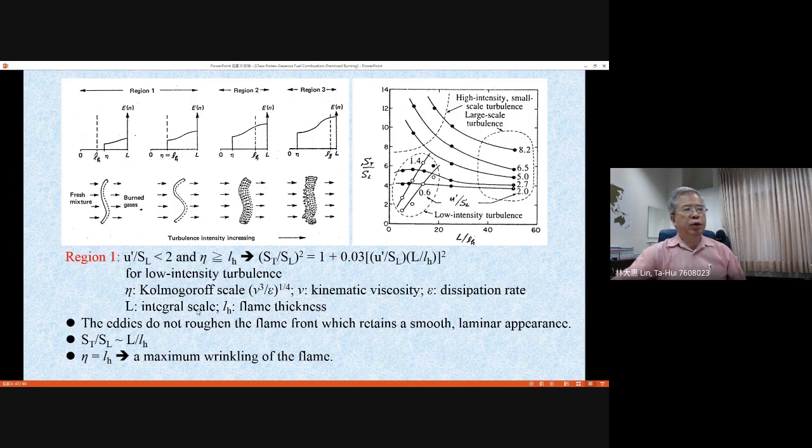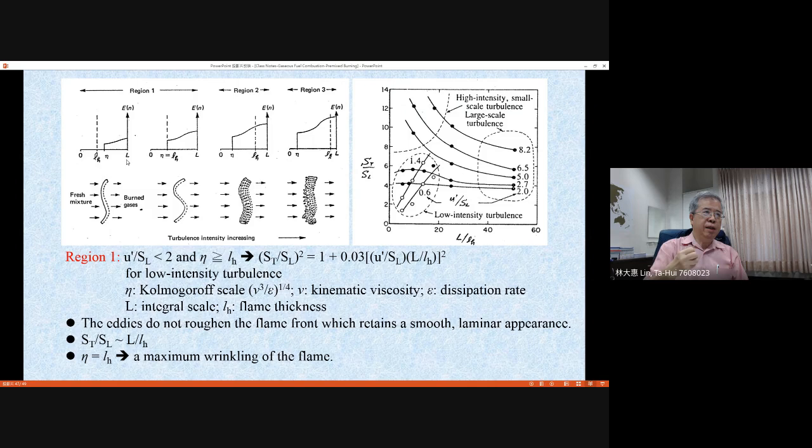The integral scale you can treat as the maximum eddy you may have in your turbulent flow, which means for the case shown in this figure, there are different sizes of eddies in your turbulent flow, and the sizes range from eta to L, and those sizes are larger than L_H, the flame thickness. Okay, this is a basic comparison.